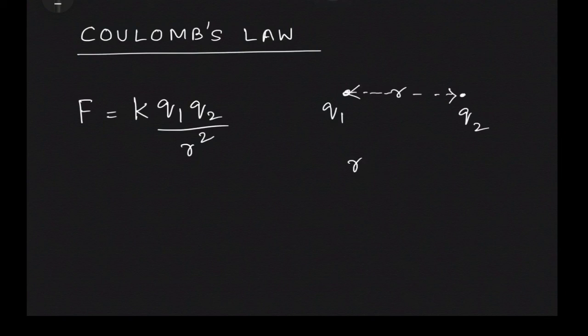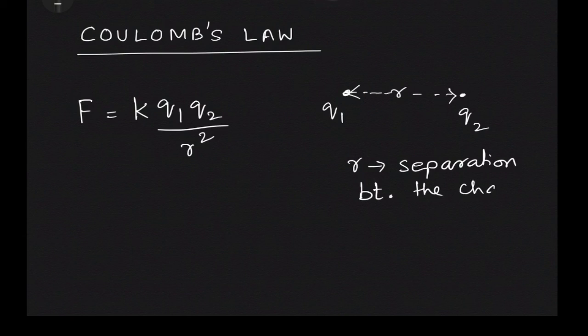Let me write here. R is separation between the charges and K is a constant.